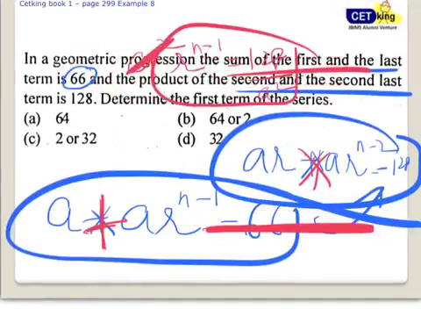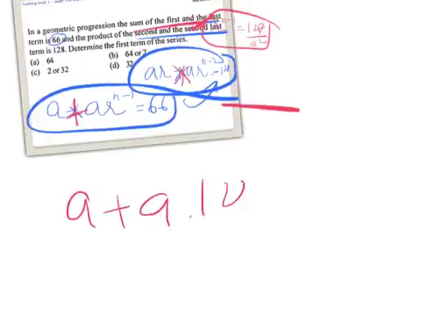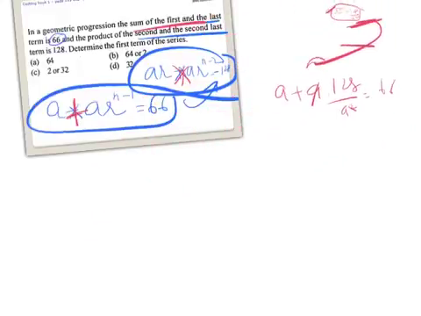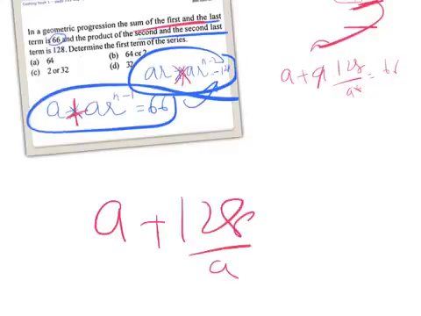So A plus A into 128 by A square is 66. So A cut gaya, and I'm getting a quadratic equation: A plus 128 by A is 66.